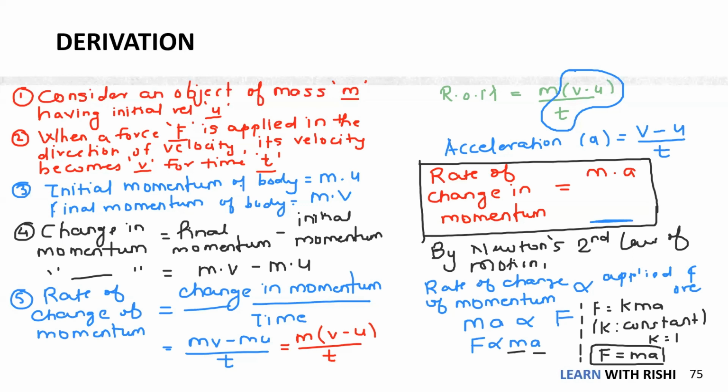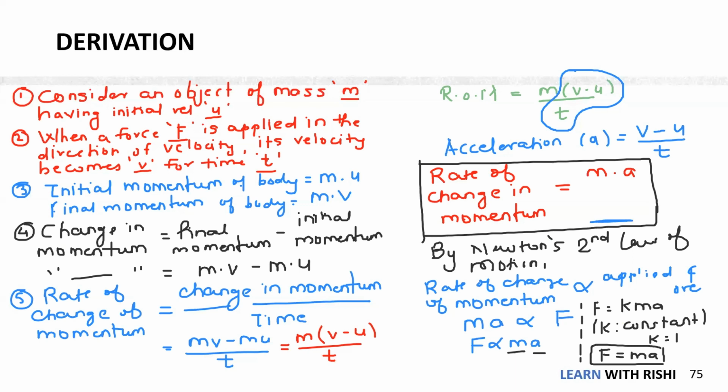So let us recall it again. First, we considered an object of mass m, initial velocity u. When I apply force F to that object in the direction of velocity for time t, the object starts moving with velocity v. Then we described the initial and final momentum as m into u and m into v. Change in momentum is nothing but final minus initial.